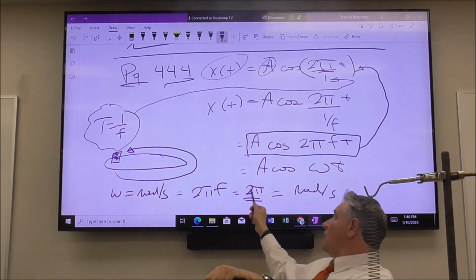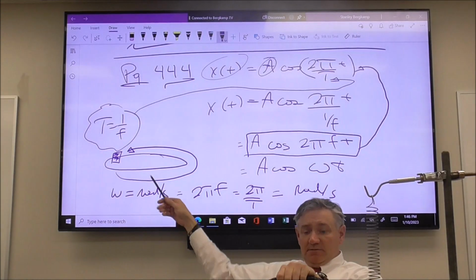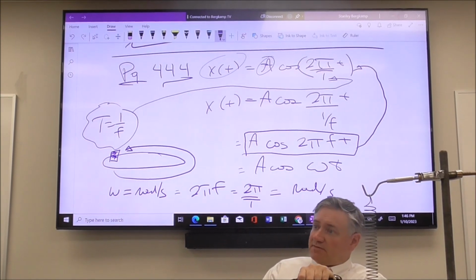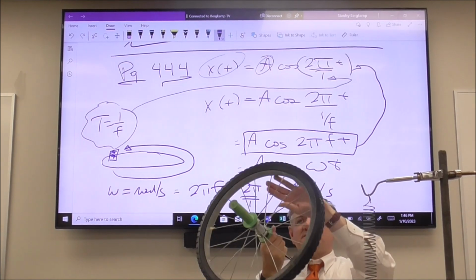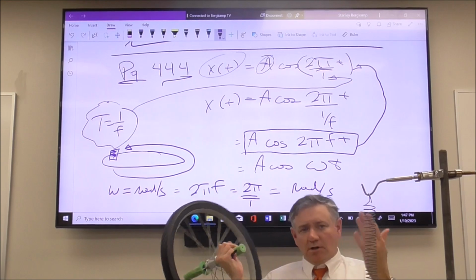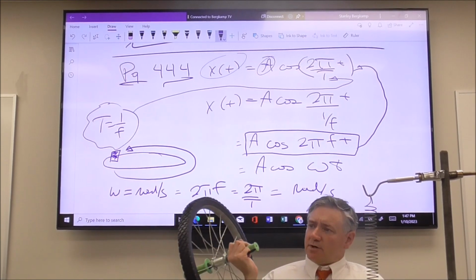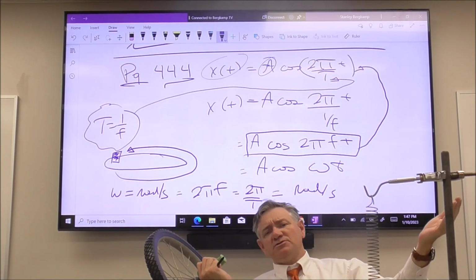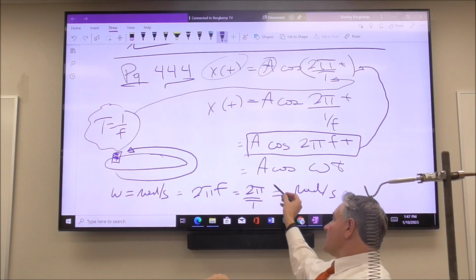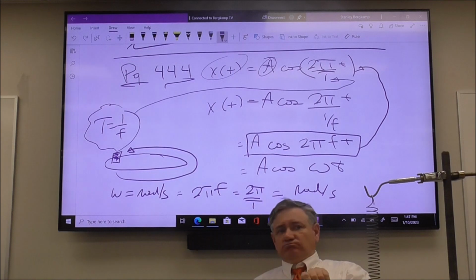So one way that you can calculate omega is if I said, let's calculate the angular velocity of this wheel. One option is that you say, okay, it's going to travel through 1 revolution. 1 revolution is 2 pi radians. So up at the top, I've got 2 pi radians. That's all it is.